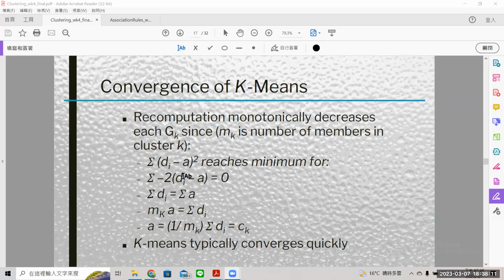This just tells you, because here it tries to prove that once you can reach the minimum, reach the mean, it tries to persuade you like calculus. The following condition will be met. Okay, this will be met.